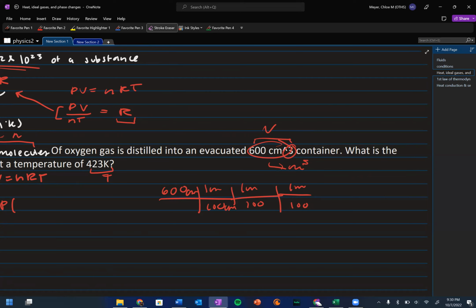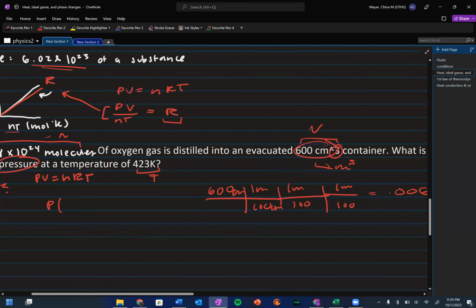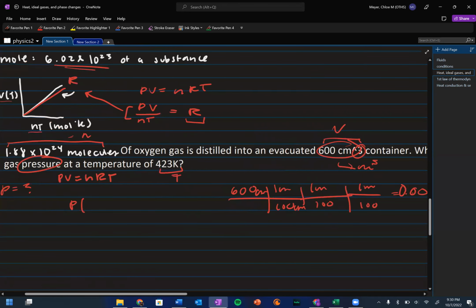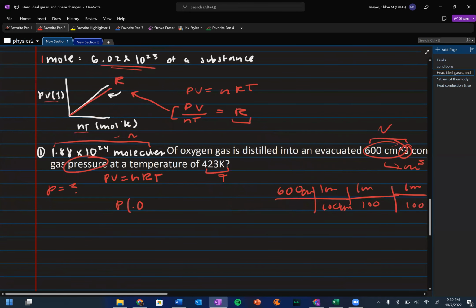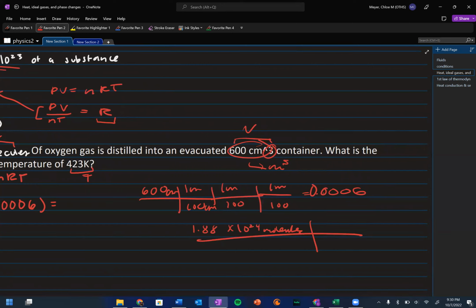Right? Okay, it's just going to be whatever. So that's going to be 60, so it equals... now we have to find the number of moles, so 1.88 times 10 to the 24 molecules.